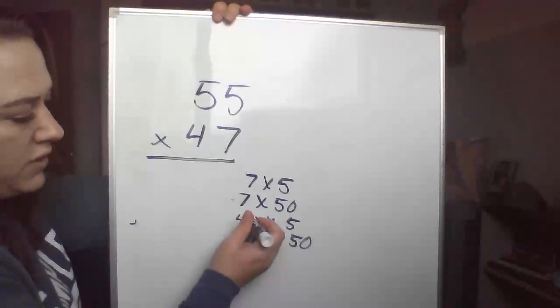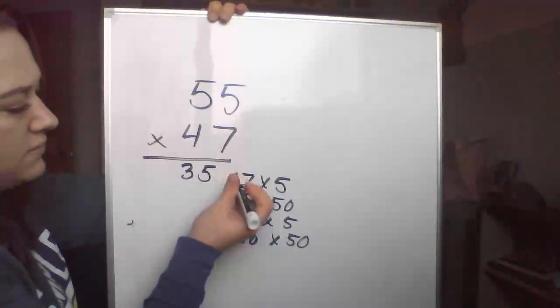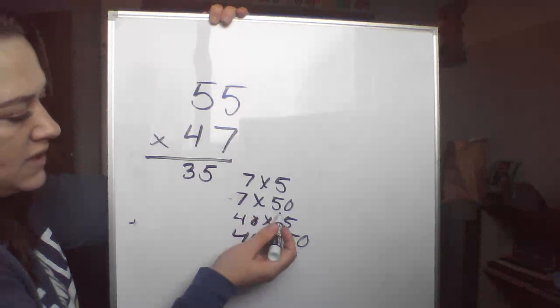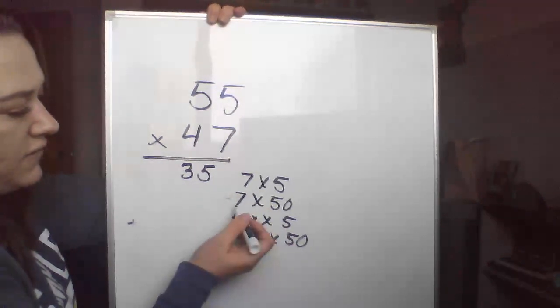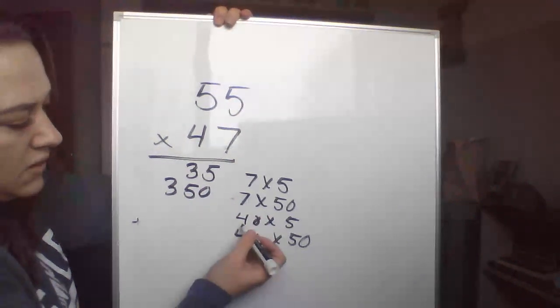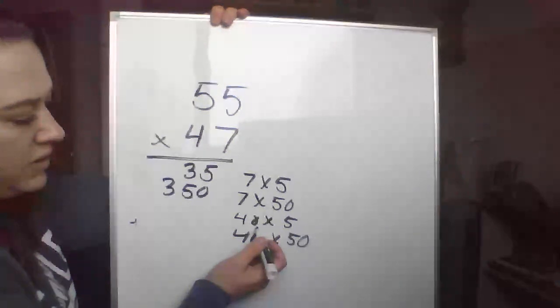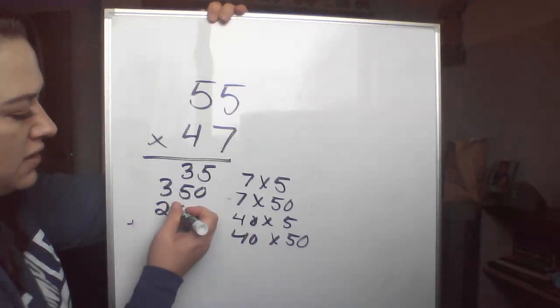7 times 5, 35. 7 times 50, well, we know that 7 times 5 is 35, so this is going to be 350. 40 times 5. 4 times 5 is 20, plus the 0 is going to be 200.